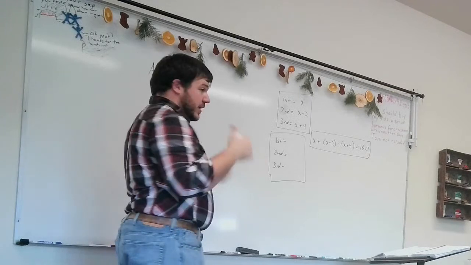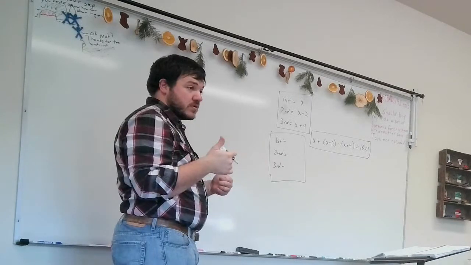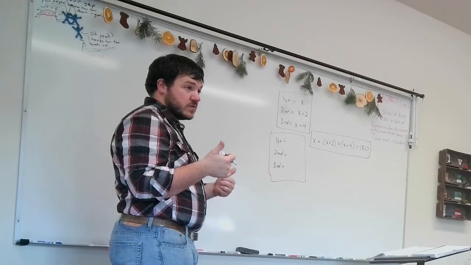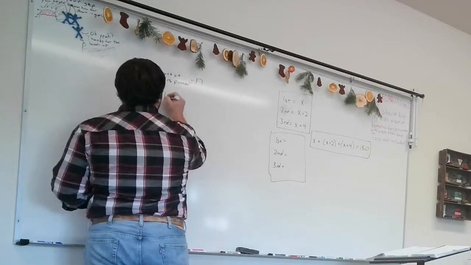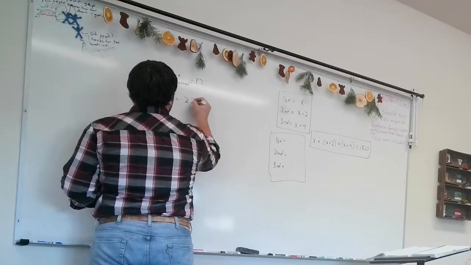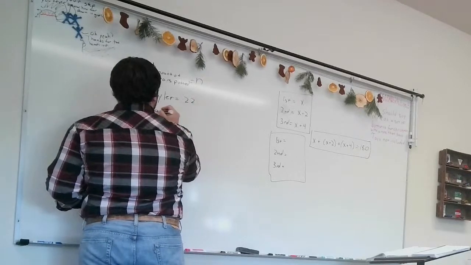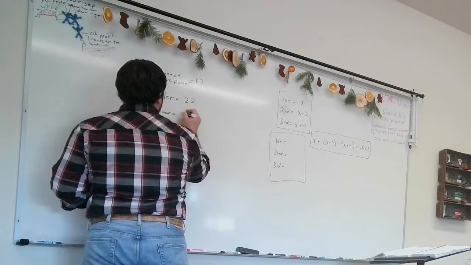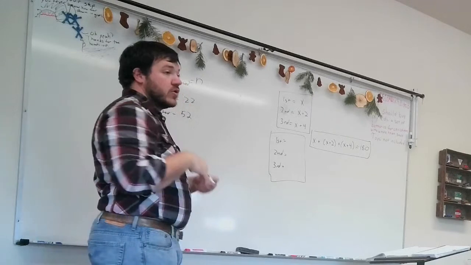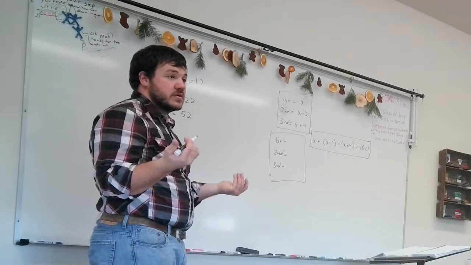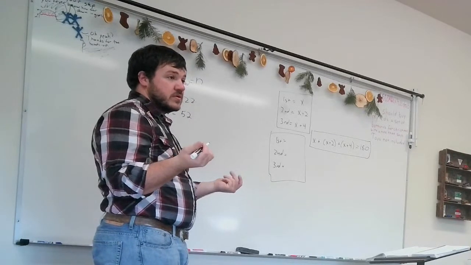Next, what else do we know? Tyler is 22 and his father's 52. So we know Tyler equals 22, and his father is 52. This is currently, right? So we're looking for how long ago the father was 4 times Tyler's age.